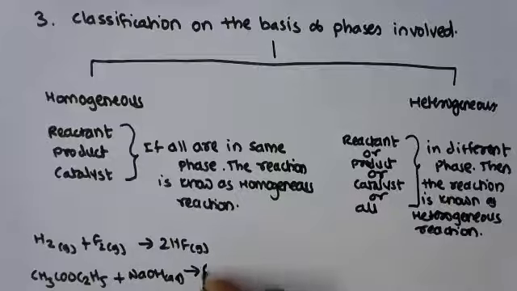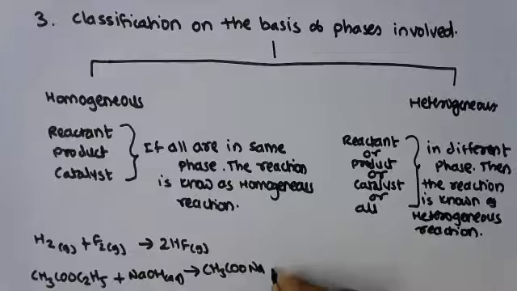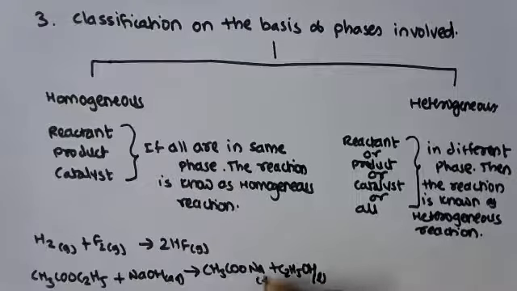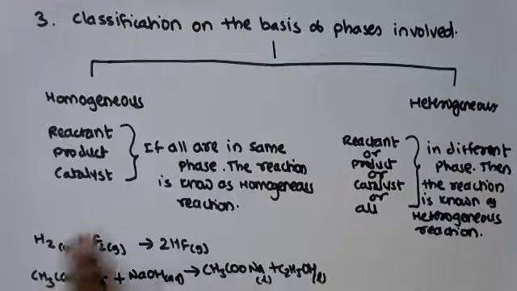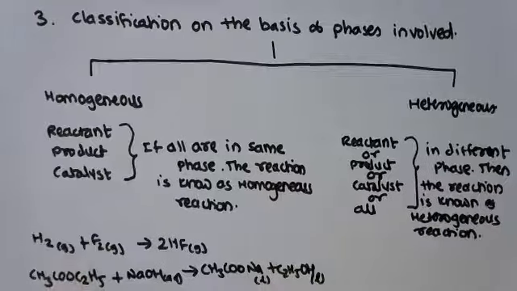It gives you CH3COONa plus C2H5OH. So everything is in the same phase. So these two are examples of homogeneous reactions.